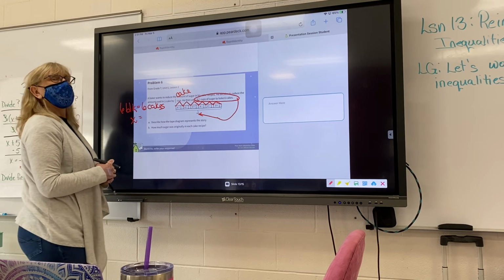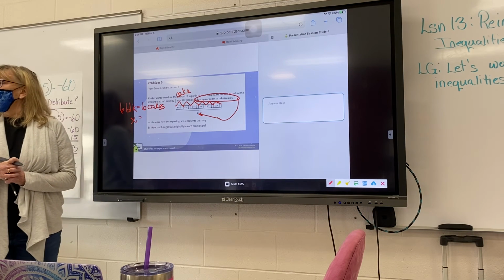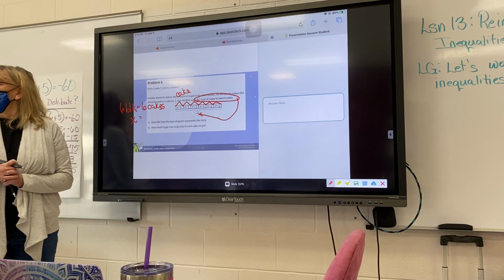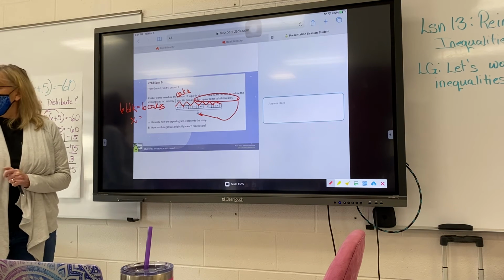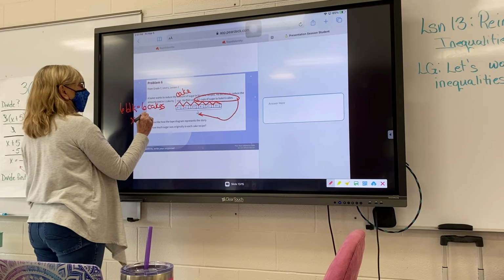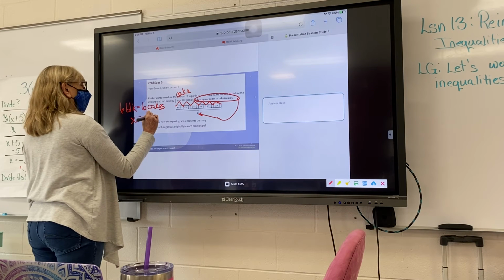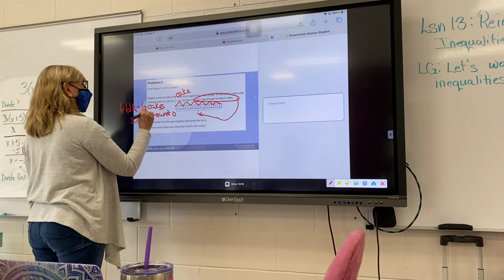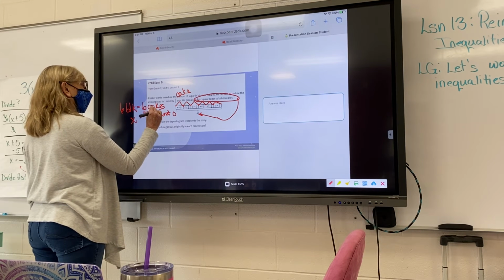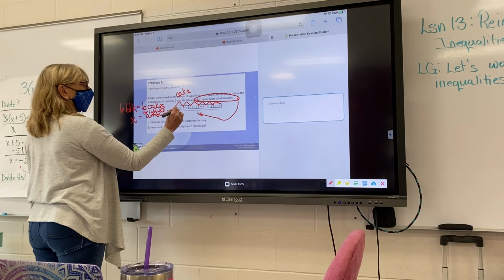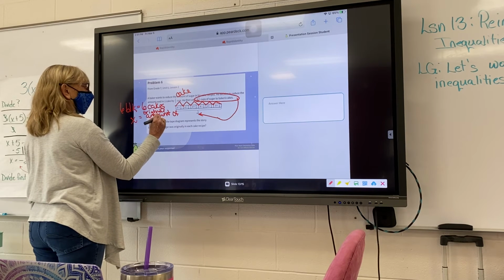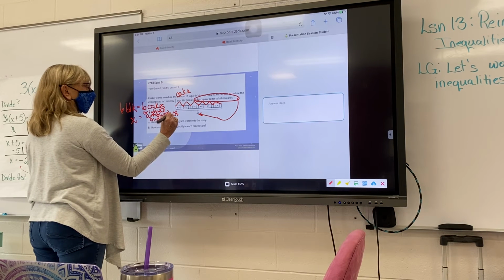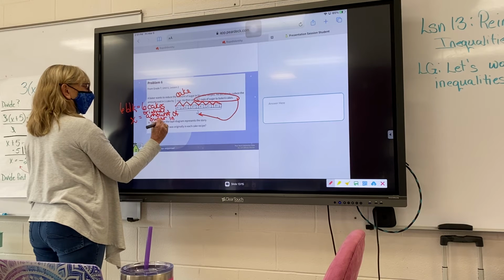X is the original amount of sugar used in each cake. There you go. X is the original amount of sugar in each cake.